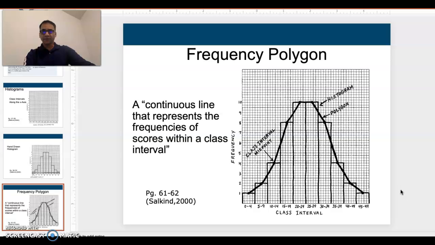And also there is the frequency polygon, a continuous line that represents the frequency of scores within a class interval. At each midpoint, you connect the line from the midpoint of each dot, and as you draw the line connecting those midpoints, it creates a polygon.